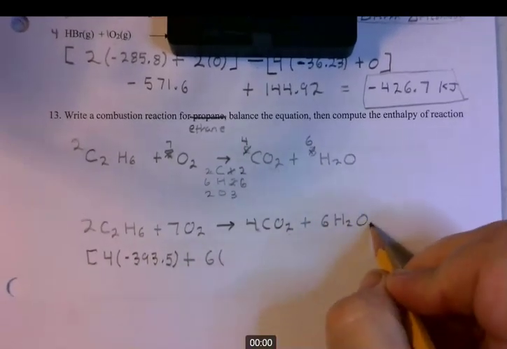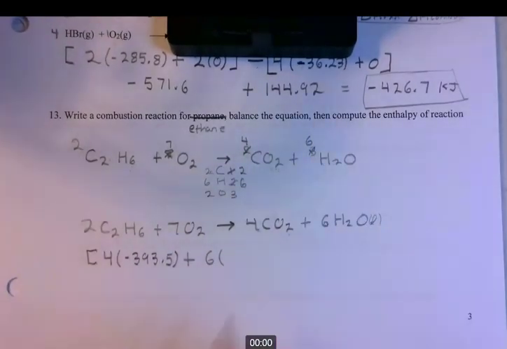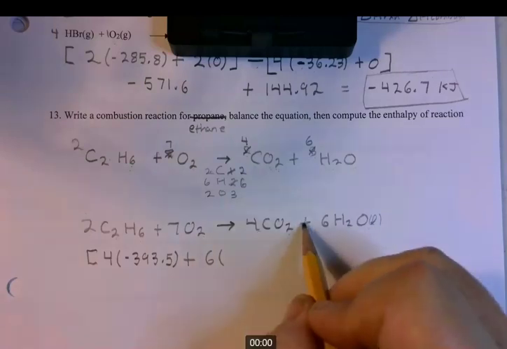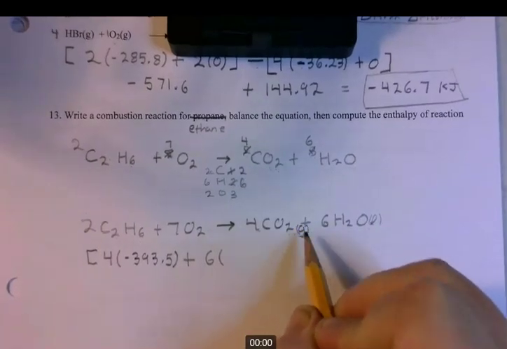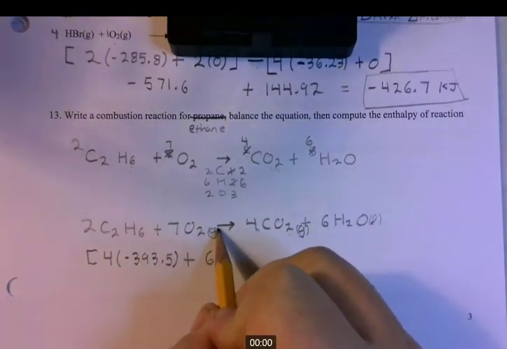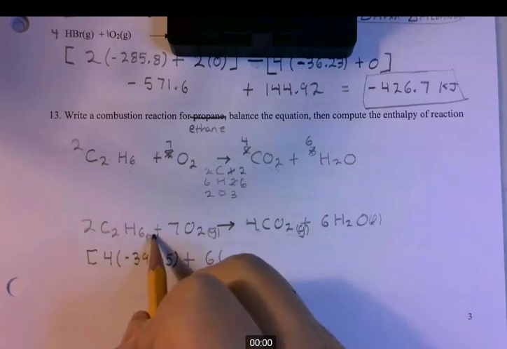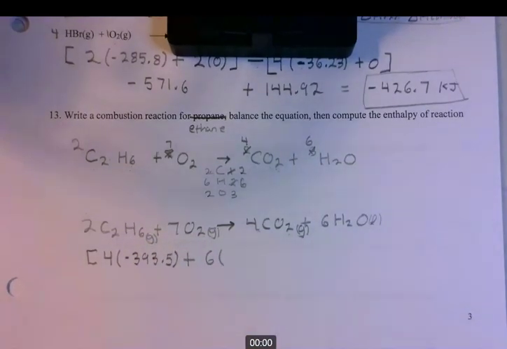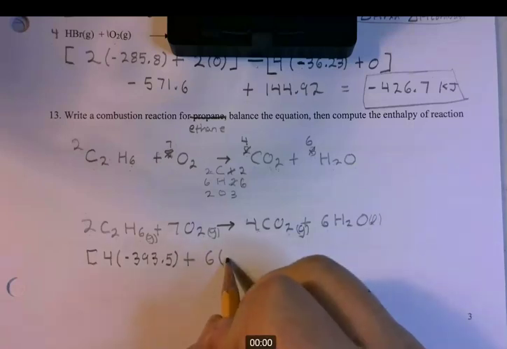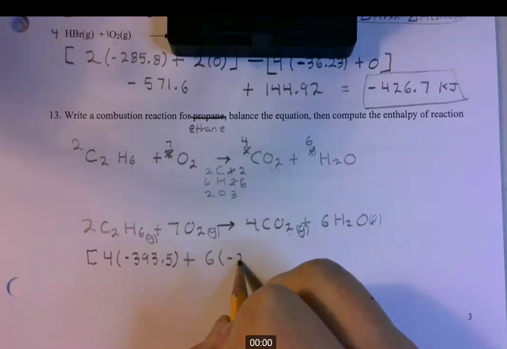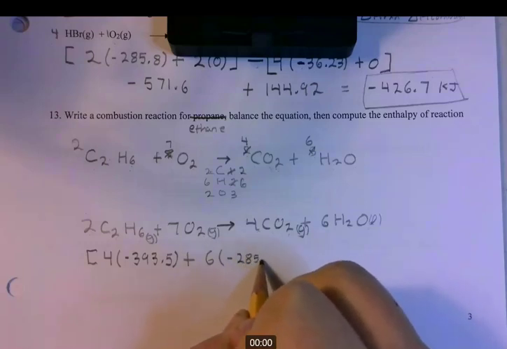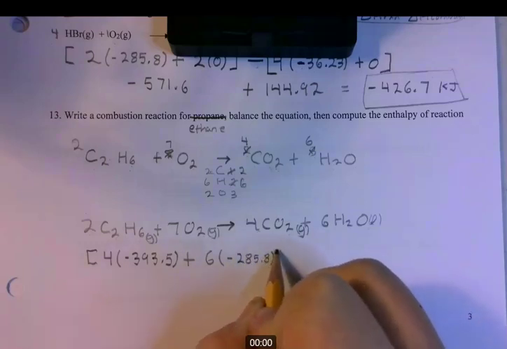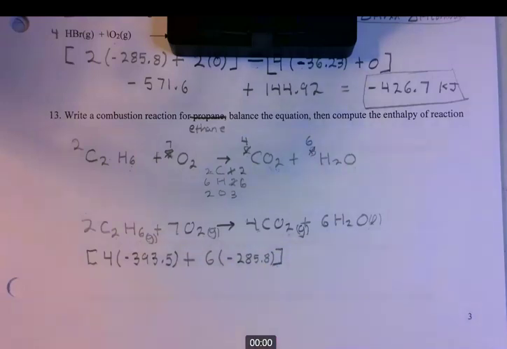And that's going to be a liquid in a combustion reaction. It has been in all the previous ones. So let me go ahead and put our states in for all of these. Gas, and this is a gas as well. Okay, so it's 6, and that's going to be negative 285.8. And close that. So that takes care of our products.